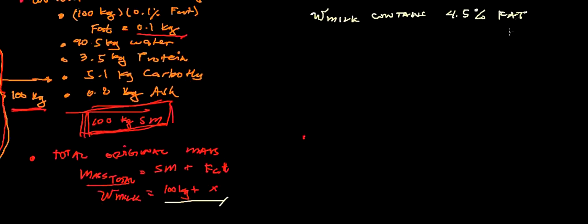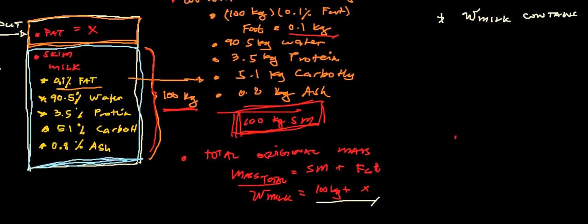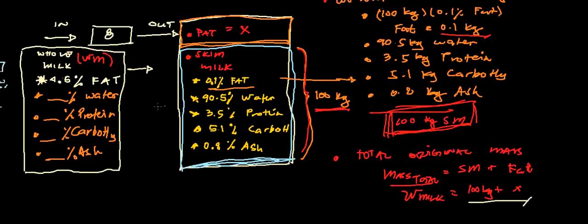Originally, if we go back here, this 4.5% fat is the combination of this 0.1% plus this fat that is being removed. So all in all, this 4.5% here is the combination of the two.